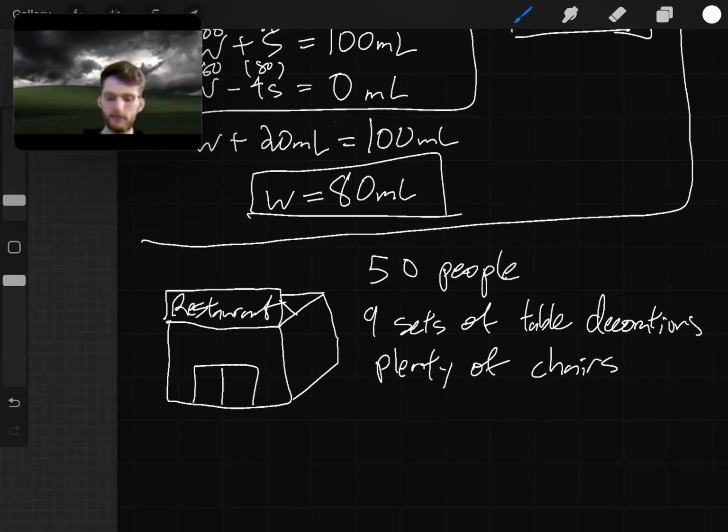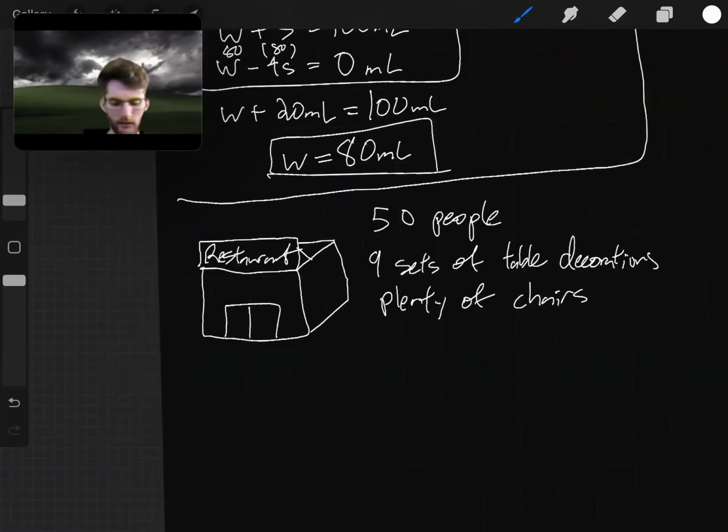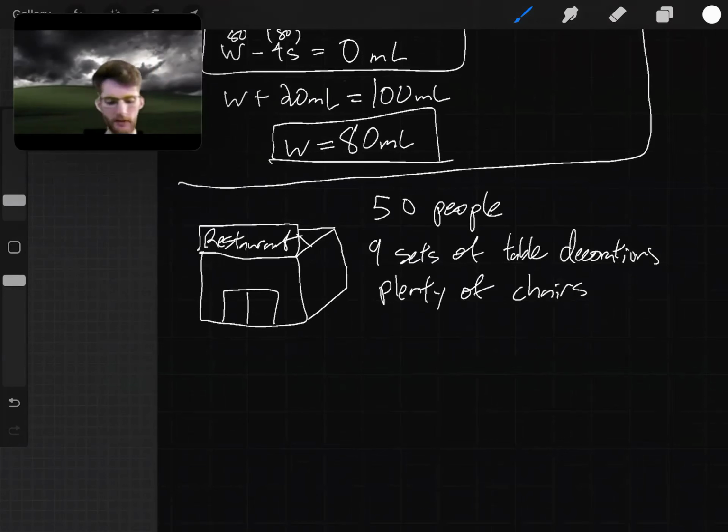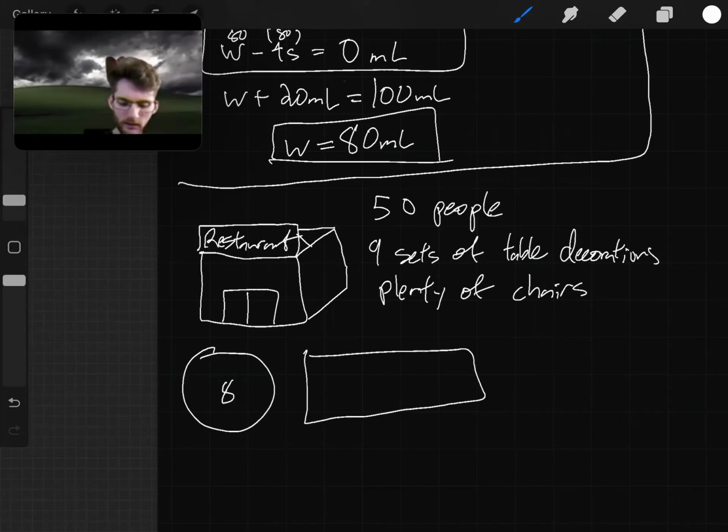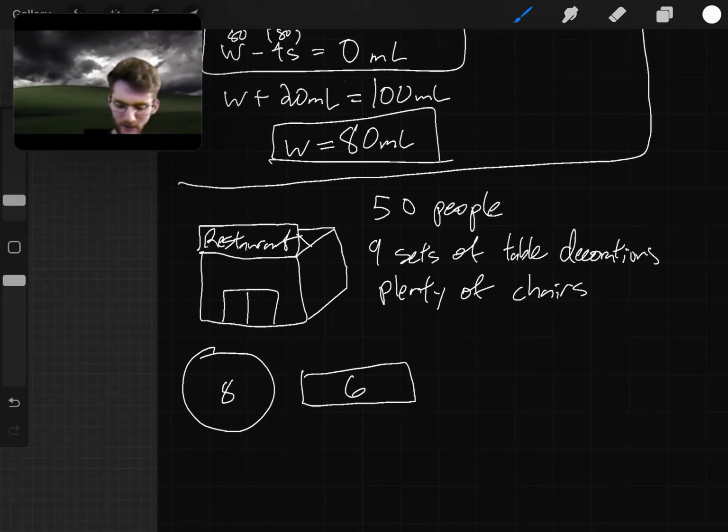I already have them. I also have access to circular tables that can seat 8 people, rectangular tables that can seat 6 people, and then square tables that can seat 4 people. These table shapes are not to scale.